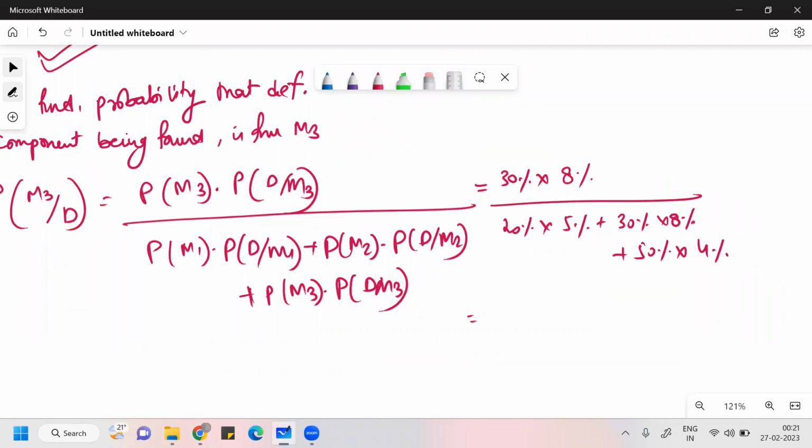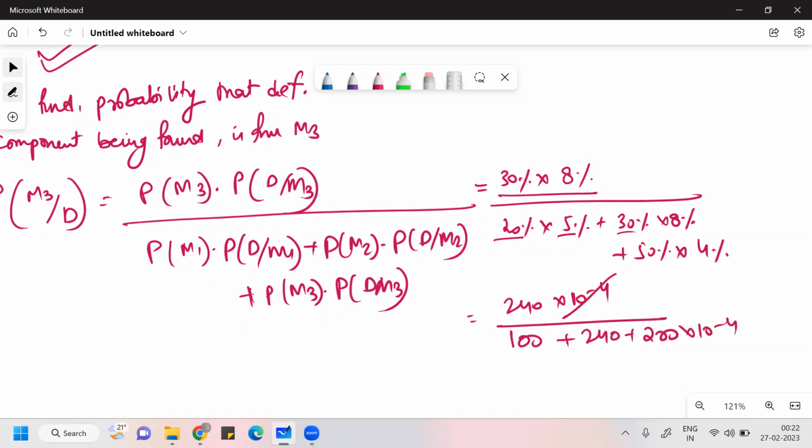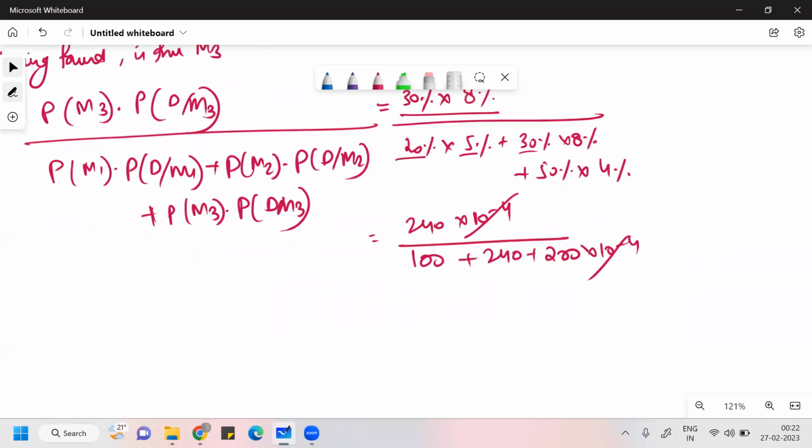Just do this, you will get the answer. Ignore this, the percentages will all cancel. This is 240 into 10 to the power minus 4, divided by 100 plus 240 plus 200, into 10 to the power minus 4. All the percentages will get cancelled.